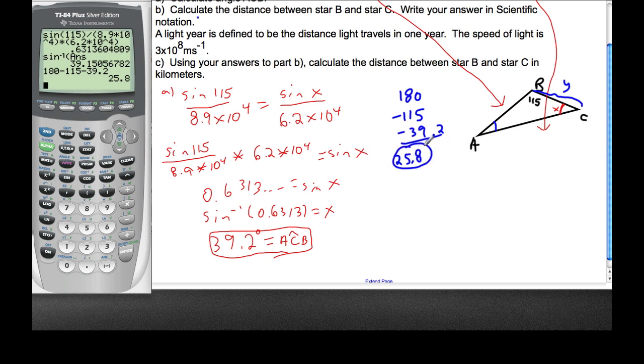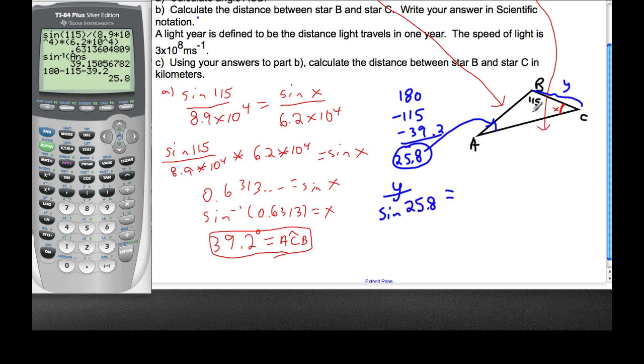So that angle is this angle. Okay, now suddenly we have a corresponding angle to this side that we don't know. So let's set it up. y divided by sine 25.8, corresponding sine rule.